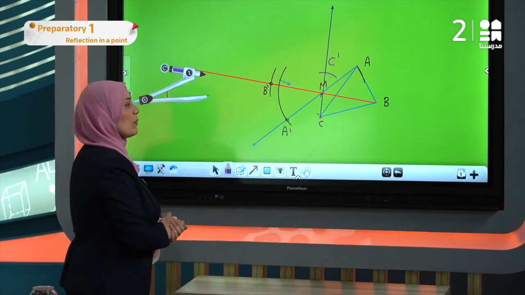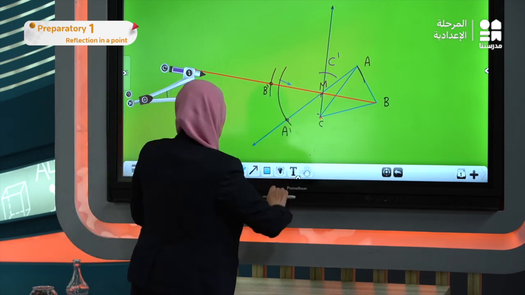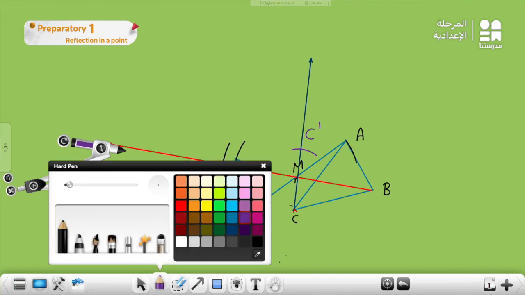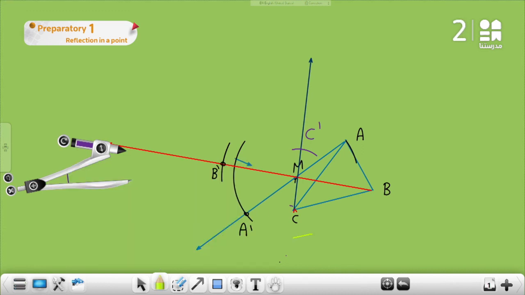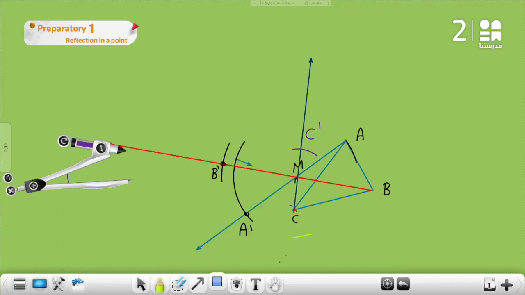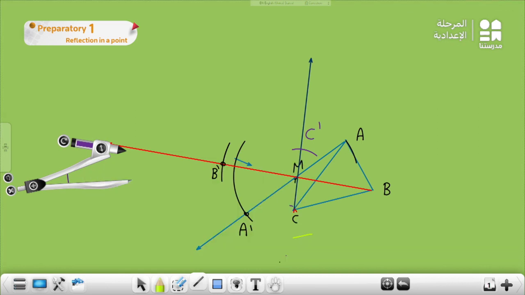Now I need to match between the 3 points, A dash, B dash, and C dash, using the red color, with line segments.